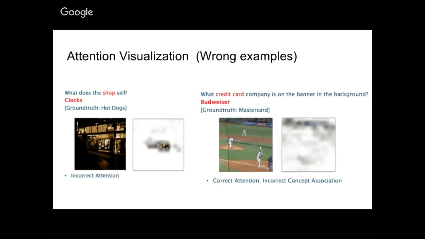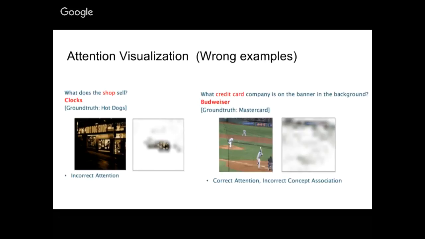And here there are some wrong examples. In the first case, it asks about what is the product sold in the shop, and it guesses that it's clocks because, I don't know if you can see it properly, but there are some structures there that look rounded, like clocks.